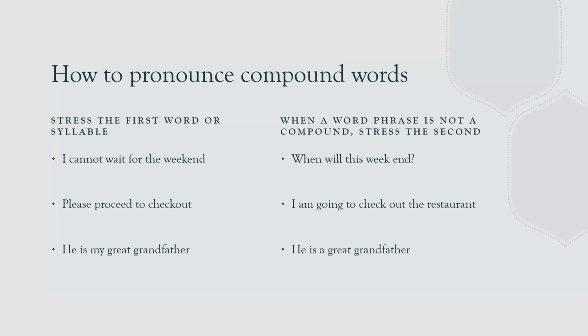So, for example, we have I cannot wait for the weekend. We also have when will this week end? Right? Elongated vowel or emphasis, a little bit louder. We have when will this week end?